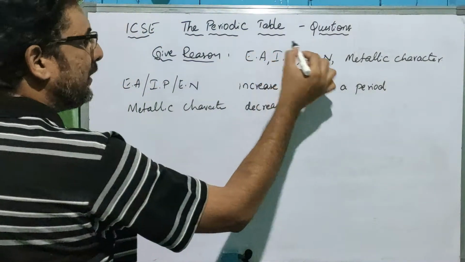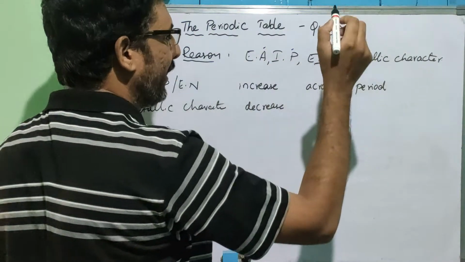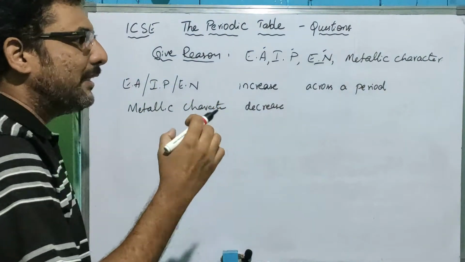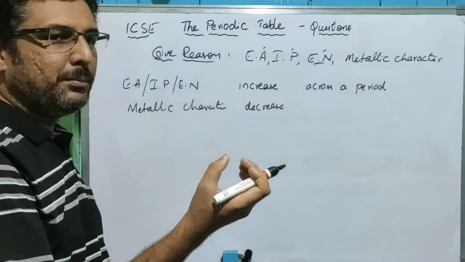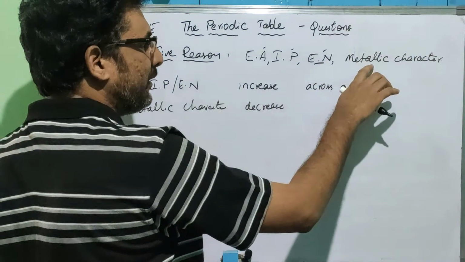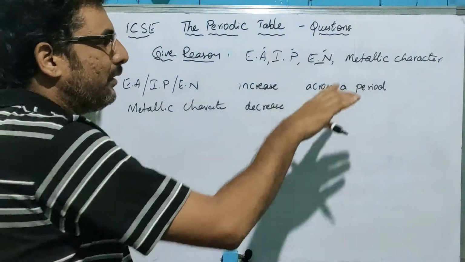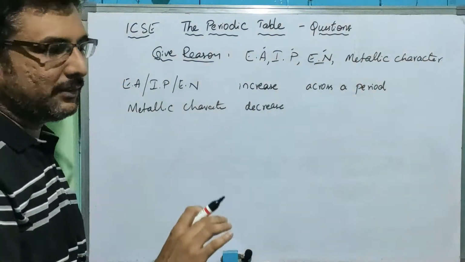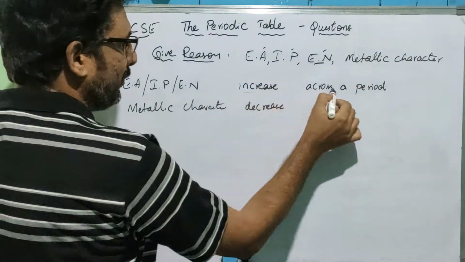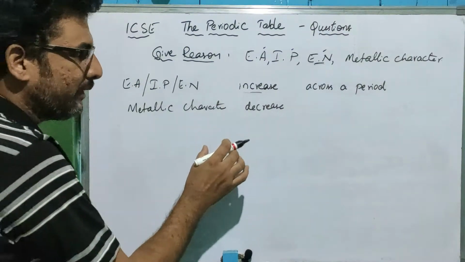In all these 3 cases, they will increase with the increase in nuclear pull on the valence electrons. But metallic character is the tendency to lose electrons, so the nuclear pull should be decreasing. That's why, when these 3 increase across a period, the metallic character will decrease.